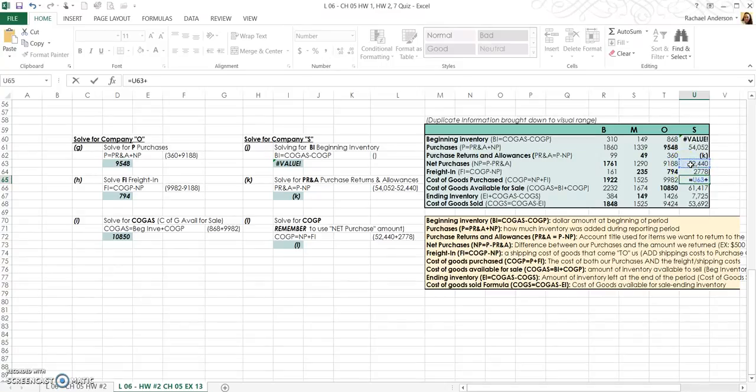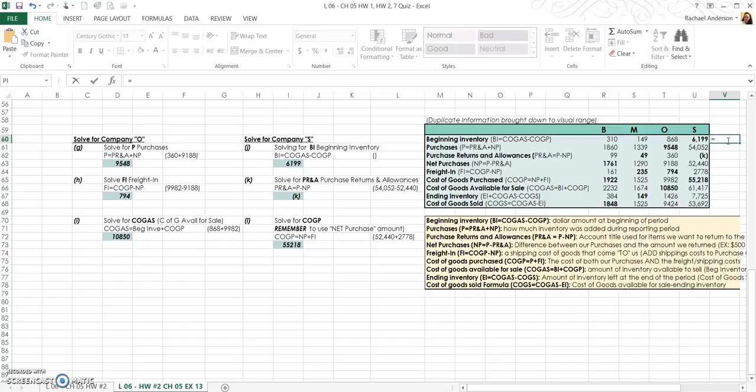And we're going to add our freight in charges of $2,778. That gives us our cost of goods purchased of $55,218.